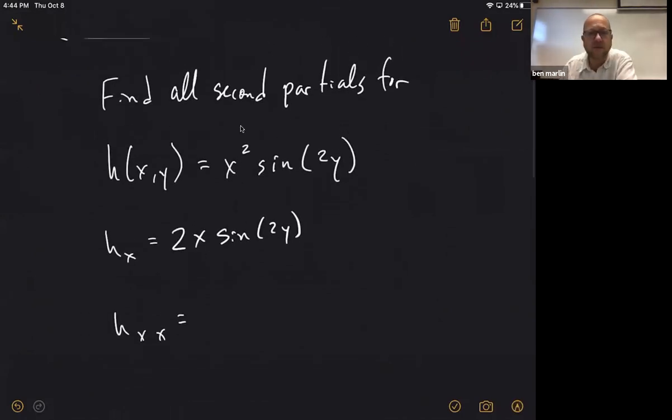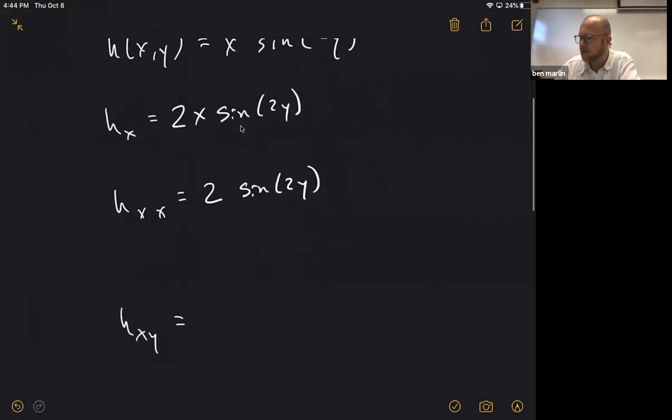Now we're going to do h sub xx. So the 2 stays there, the derivative of x is 1, and the sine of 2y goes on at the end. Now, if we were asked to do a third derivative, there wouldn't be any x's left, and we'd just get 0 out of it, okay? But keep in mind what we get as we go along here.